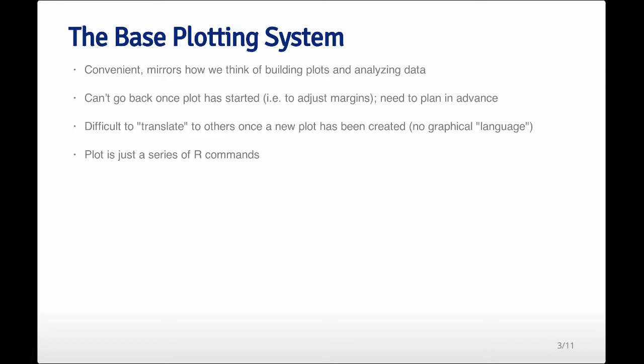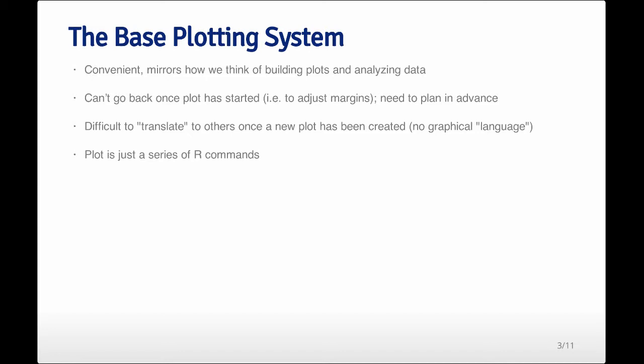But one of the drawbacks is that you can't go back. If you make a plot and you add something to it, you can't take it away. So it's an increasing process, or a cumulative process. It's difficult to translate a new plot to another person. For example, if you develop a new kind of plot, there's really no way to translate those ideas to another person, because there's no conceptual language to use.